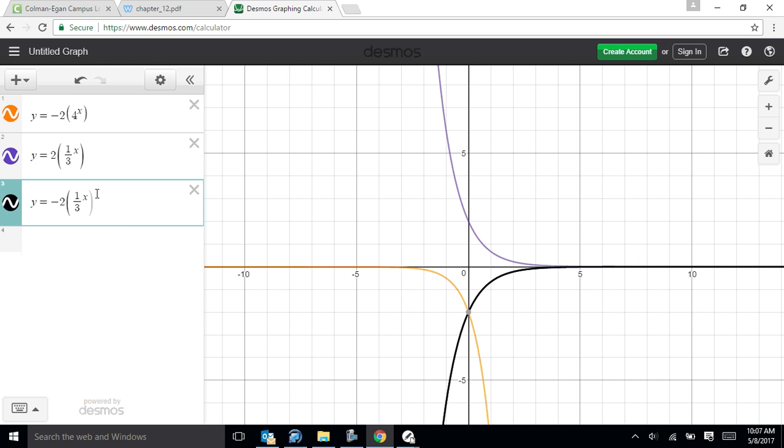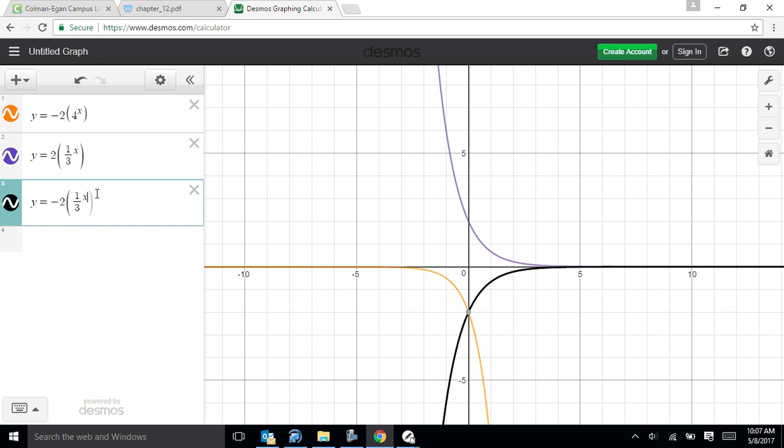So now I have an increasing function, right? Because I am increasing, but I'm never going to get positive, because the debt is decreasing by 1/3 each time. But we're never going at that rate. We'll never get out of debt. So this is decay.